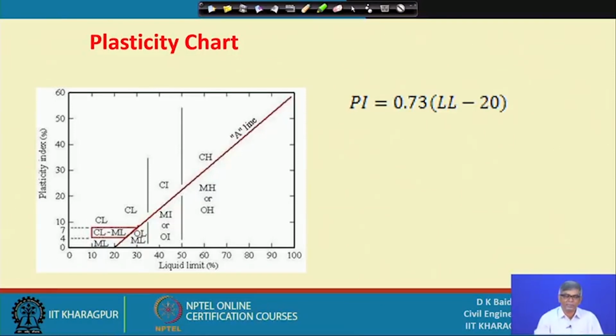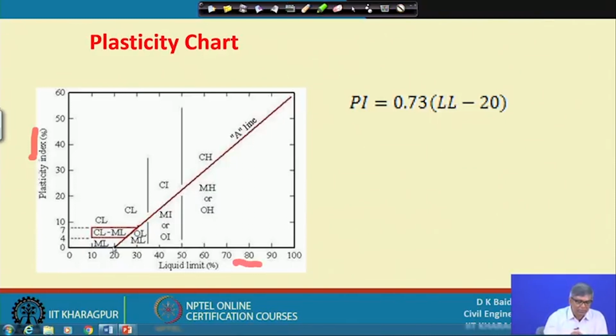You have to do the consistency limit test, and once you get the liquid limit and plastic limit, one can find out the plasticity index, which is kept on this axis, with liquid limit on this axis. This is called the plasticity chart. This plasticity chart has different components.